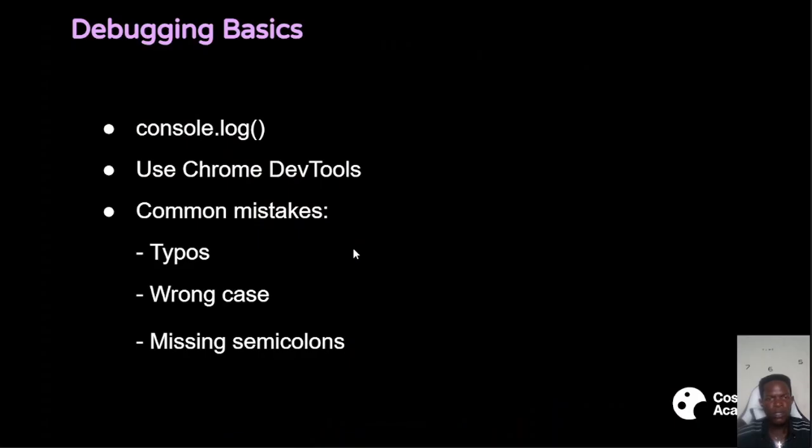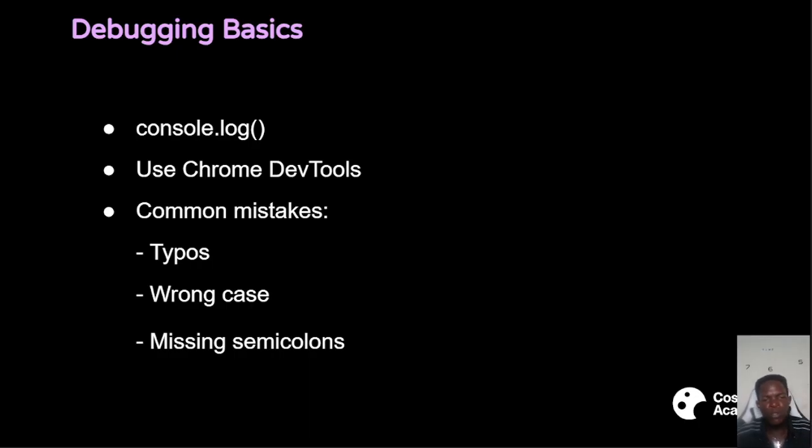Then you have common mistakes you make. Typos, you can misspell something, you can have a wrong case. So we'll talk about naming variables while we'll be doing a practice, when we'll be in the playground. We'll talk about how you name variables so that you won't make mistakes and have some wrong case, either uppercase or lowercase.